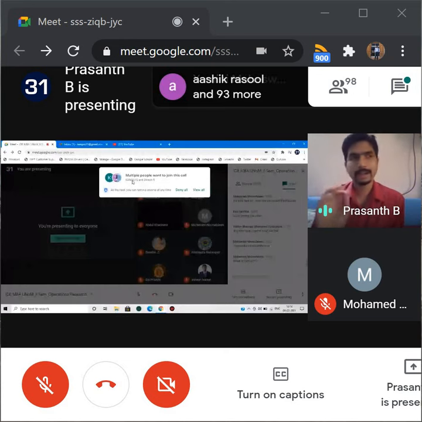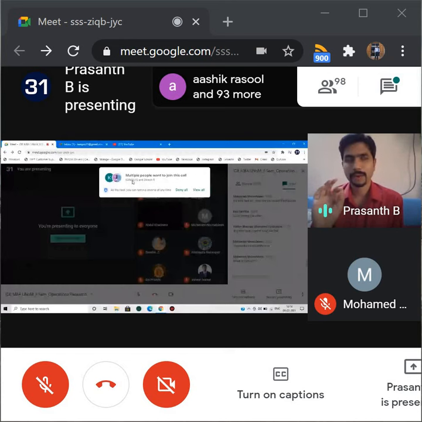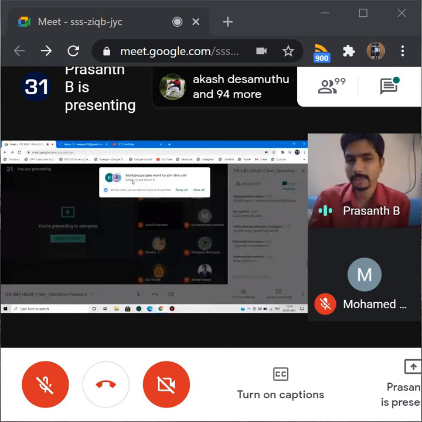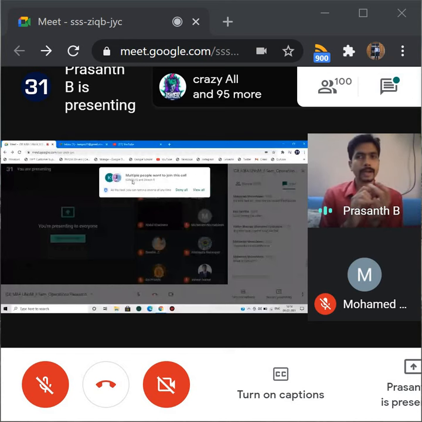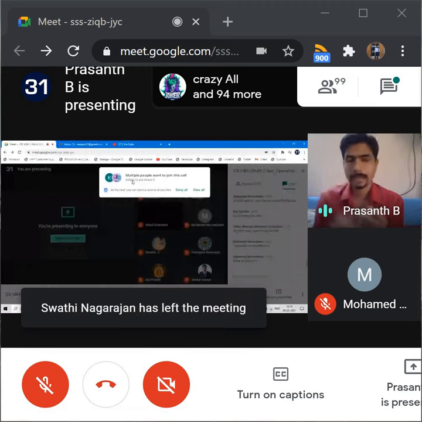Supposing I want to travel from T Nagar to, let me say, Besant Nagar. I want to go to the beach. So I have different modes of transport. Either I take my bike, or I take my car, or I go by public transport.